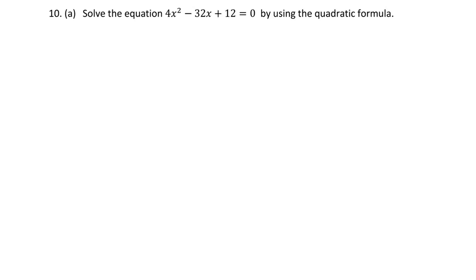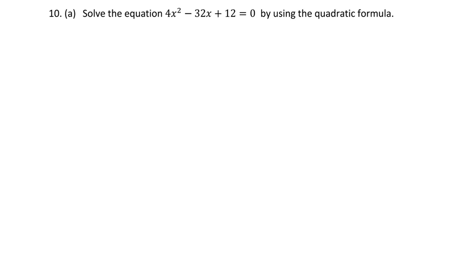Question number 10, part A. Solve the equation 4x squared minus 32x plus 12 equals 0 by using the quadratic formula. Okay, so this is the quadratic problem.